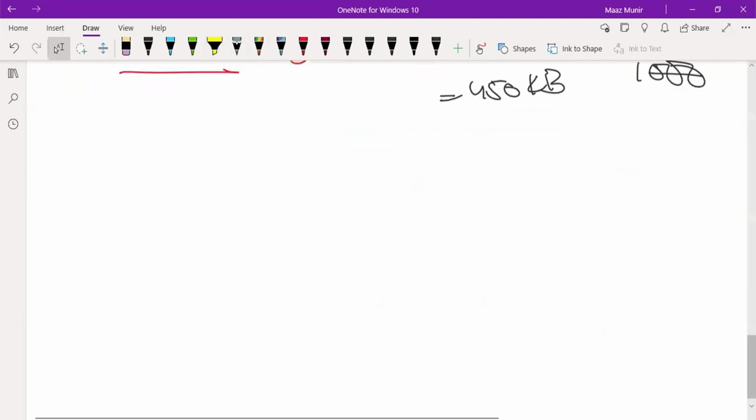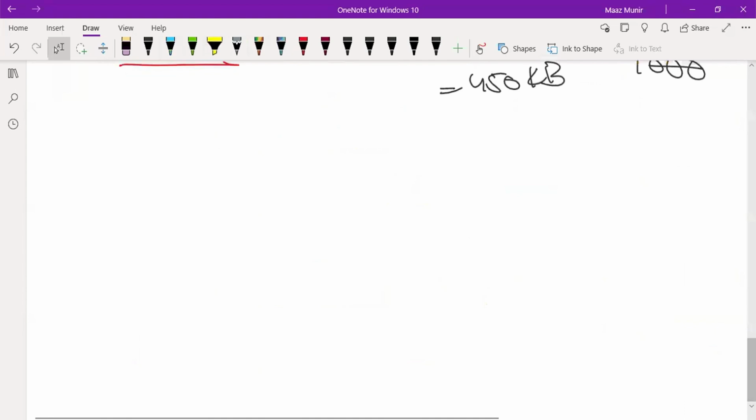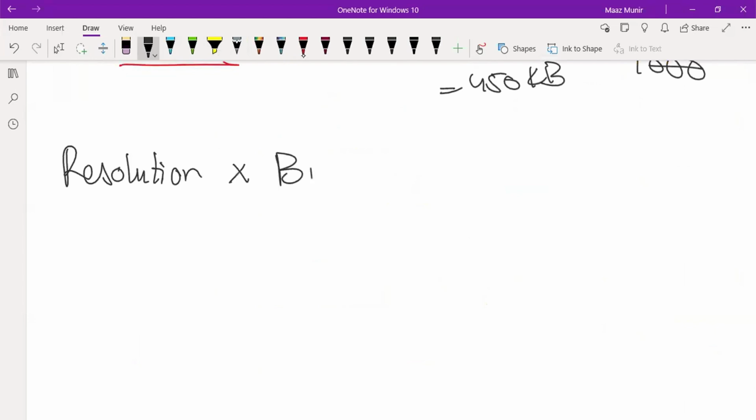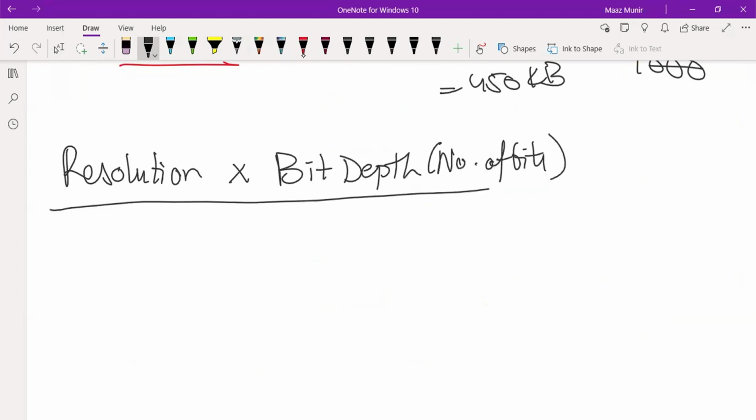Wait, let me write it neatly up here. Resolution multiplied by bit depth, or number of bits used, divided by 8. If you have the bit depth in bits, use this.